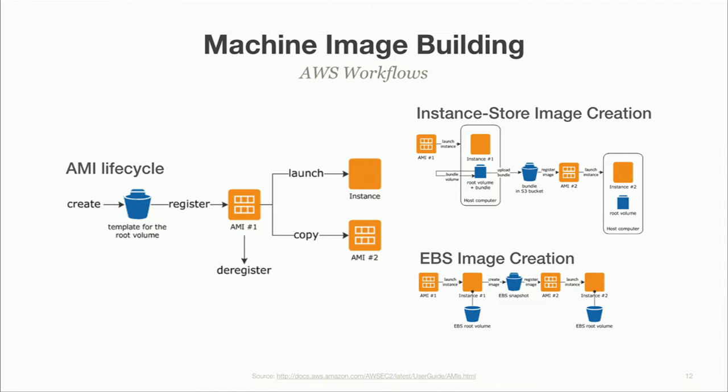The general purpose is that you first have to create your machine image, register it, and then from there you can launch an instance into production, or you can copy it to create a new instance, or destroy it by deregistering it. The important part to realize through this flow is that machine images have ancestry. You can build a machine image from a machine image, and that's the key point. How you build this has a lot of little details and idiosyncrasies which make it relatively difficult to do without a lot of reading.